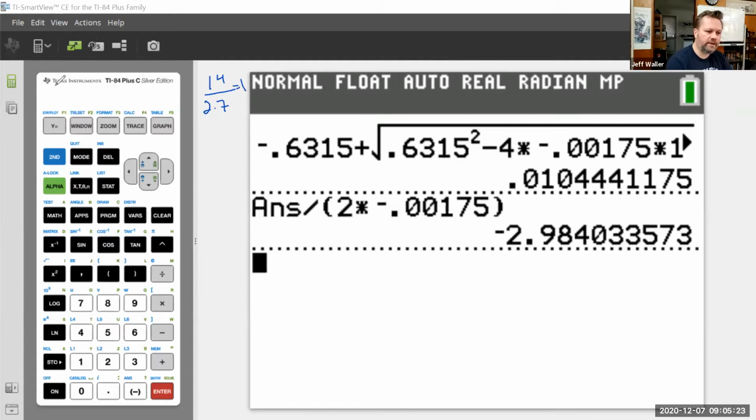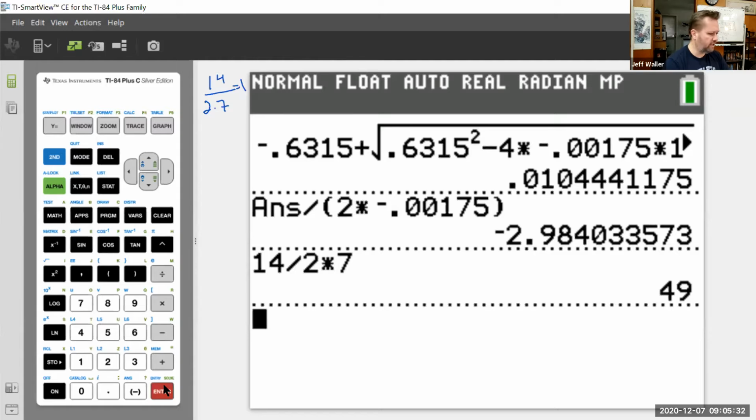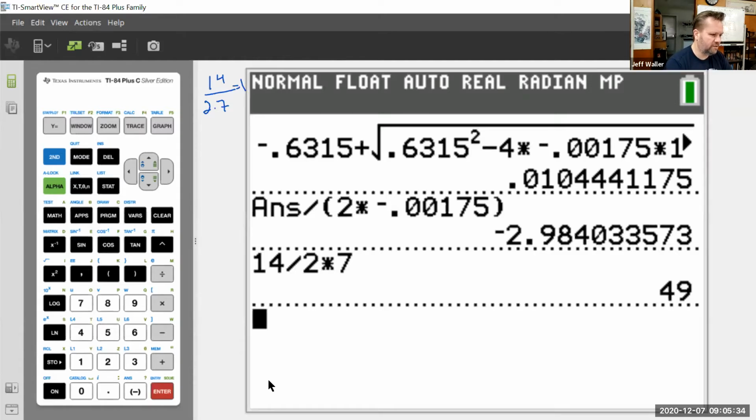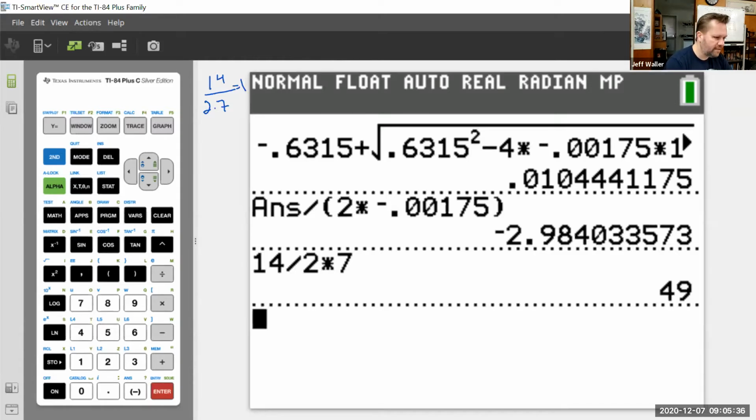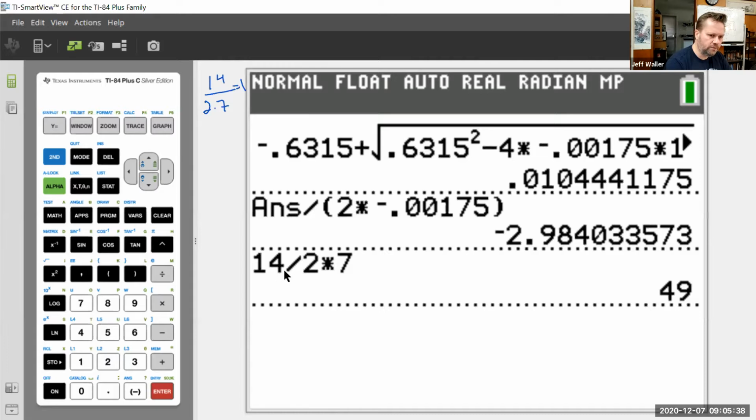But if I put it in the calculator, and this is not the calculator's fault, this is our fault, if I do 14 divided by 2 times 7, it doesn't give me 1. The reason is it's going to do exactly what I put in. 14 divided by 2 is 7, times 7.